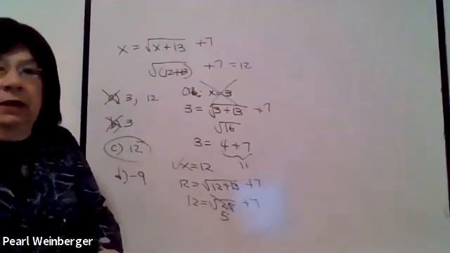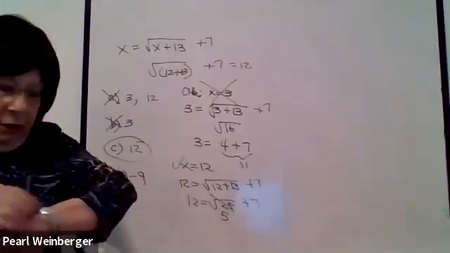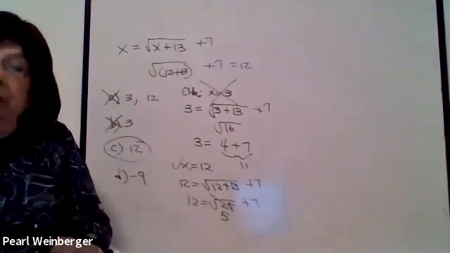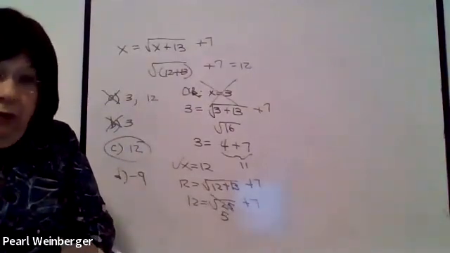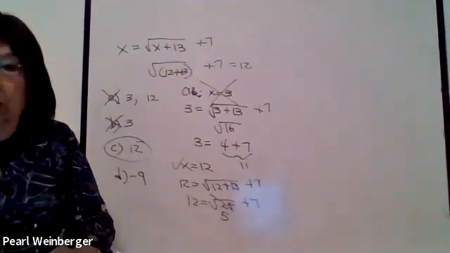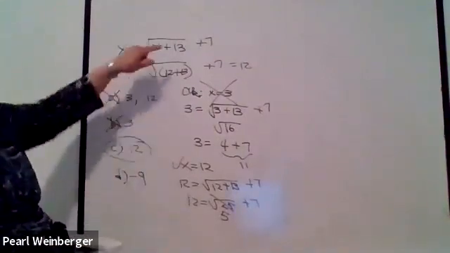Okay. All right. Now, let's go back and think about when we first started talking about radicals, when we first started talking about square roots. One of the things we said is whether you can have a negative number inside a square root.